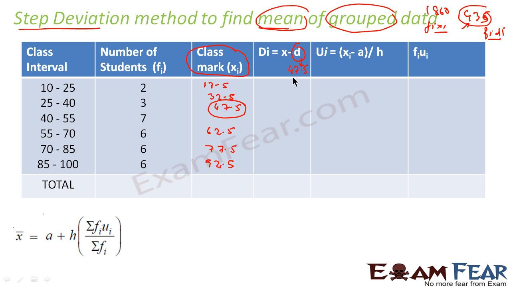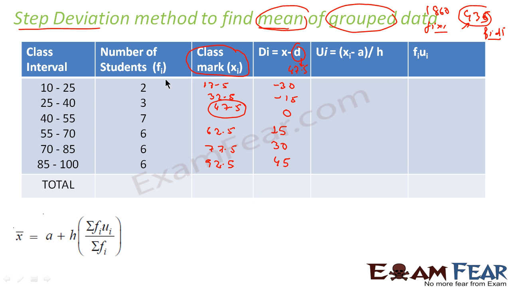So xi minus 47.5: 17.5 minus 47.5 is minus 30, 32.5 minus 47.5 is minus 15, 47.5 minus 47.5 is 0, 62.5 minus 47.5 is 15, 77.5 minus 47.5 is 30, 92.5 minus 47.5 is 45. This is the value of di.